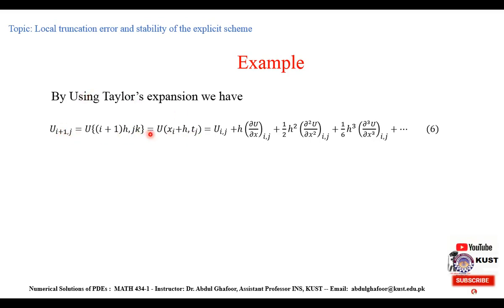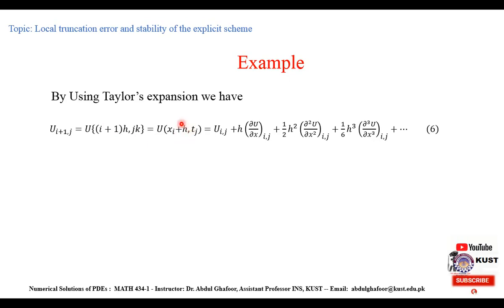Remember, all these three are the same, and different kinds of notation have been used. All these three notations mean that we are interested in the value of u at the point (xi + h, tj).